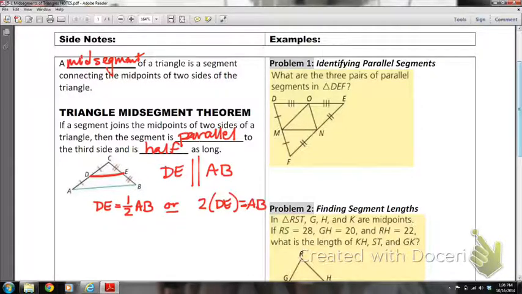However is easiest for you to set up the problems, you can use either version of that. So let's look at a few problems over on the right.